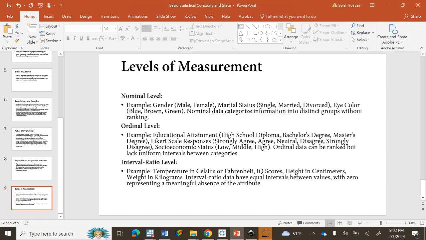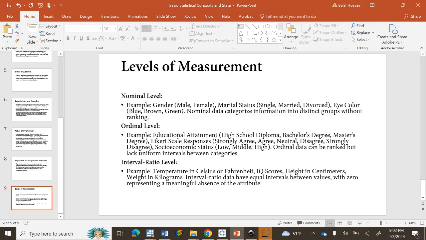And then we have ordinal level. That's also the name of the variables. However, it could be ranked. For example, educational attainment: high school diploma, bachelor's degree, master's degree. But you can rank them, right? The highest is master's degree, then you have bachelor's degree, then the lowest is high school diploma.